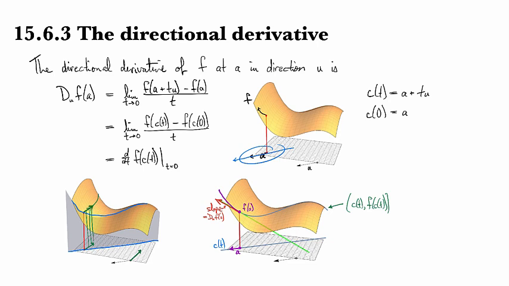And so the directional derivative at a in this new direction, maybe we'll call it v, might actually be 0, as opposed to the one that we looked at before where it looked like it was definitely positive.